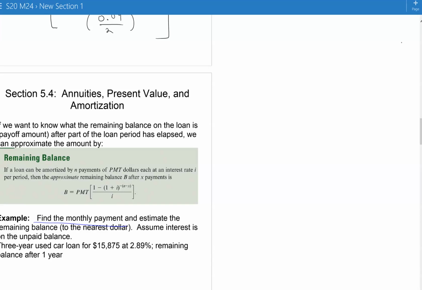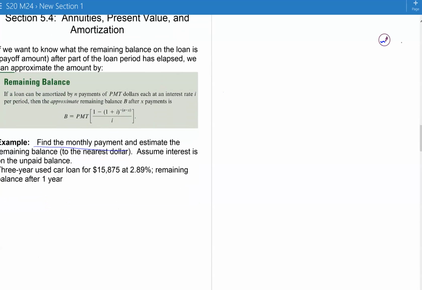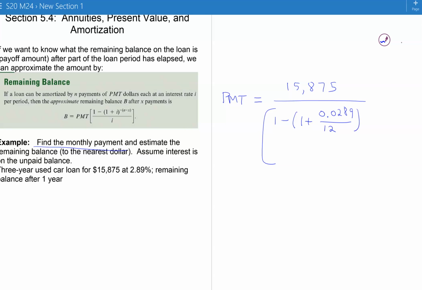So we're going to use that formula again and say the payment is going to be the $15,875 that you're borrowing divided by 1 minus 1 plus, your percent is 2.89, so that's 0.0289 as a decimal. We're doing monthly payments, so divided by 12.